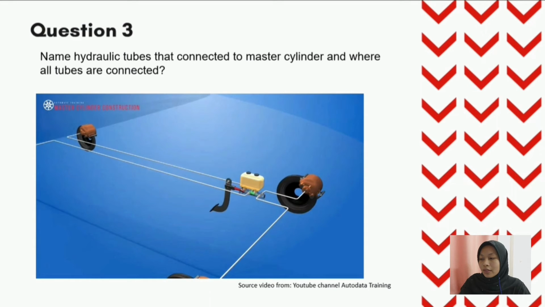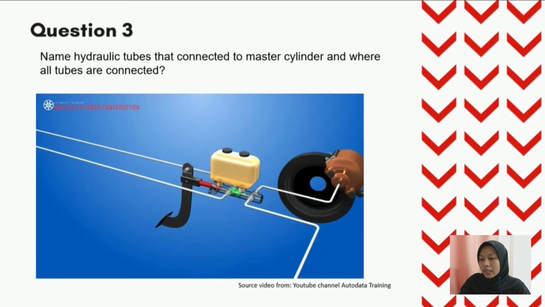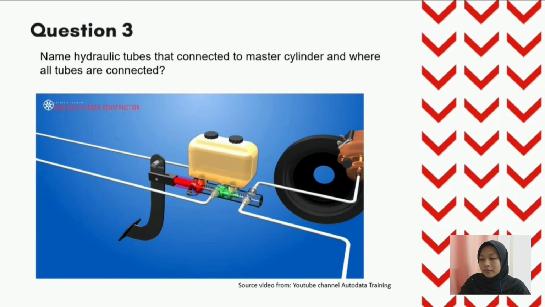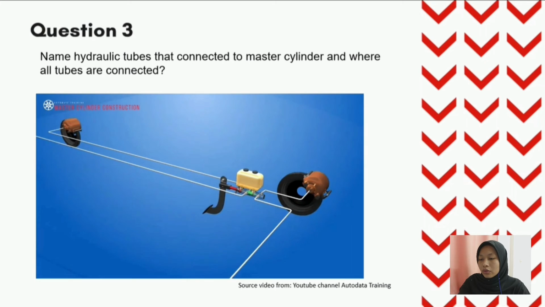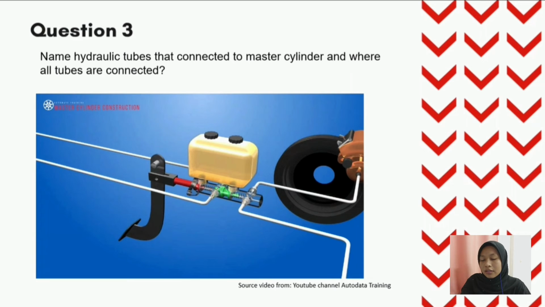From the primary piston, the brake fluid goes to the hydraulic tube that connects to the rear wheel, while from the green one, the secondary piston, the brake fluid will push out through the hydraulic tube and go to the front wheel.